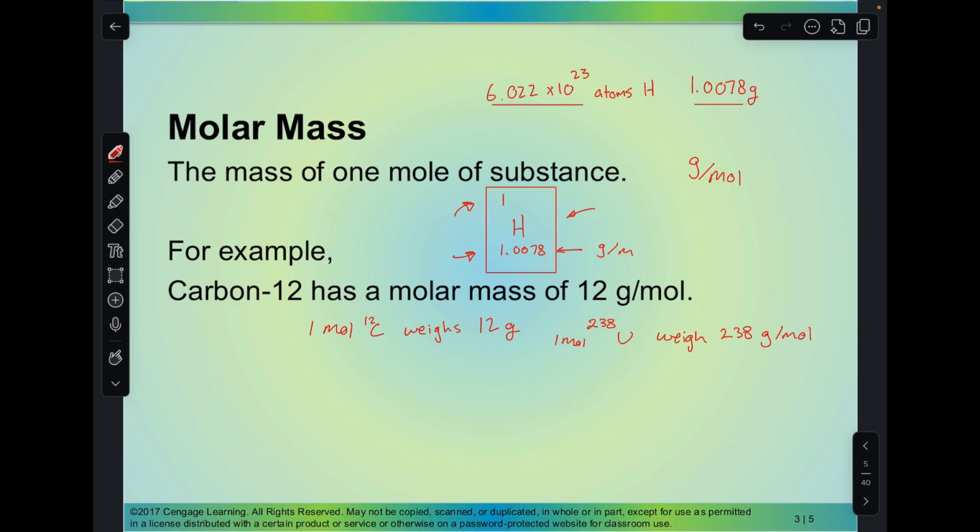The reason for that we may get into, but it has to do with how these numbers are calculated, nuclear chemistry, and the fact that neutrons and protons are a little bit off from one another, just a little bit.